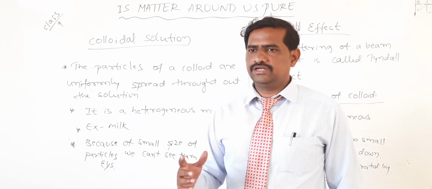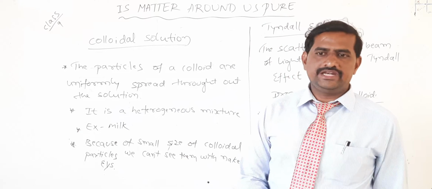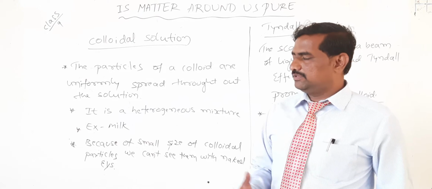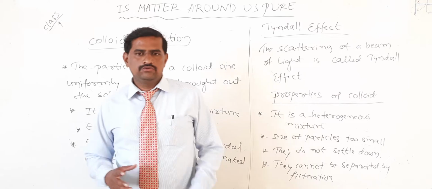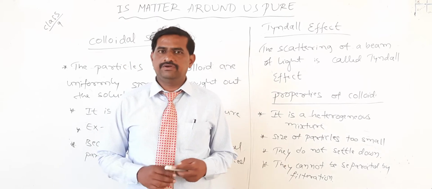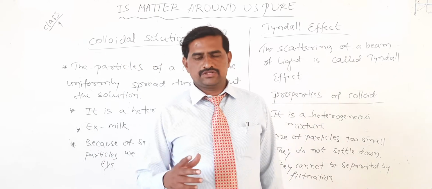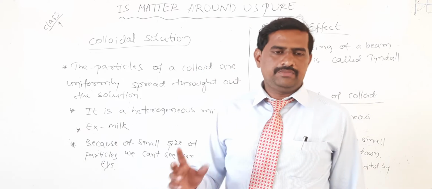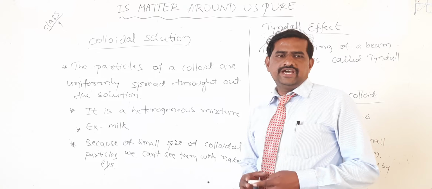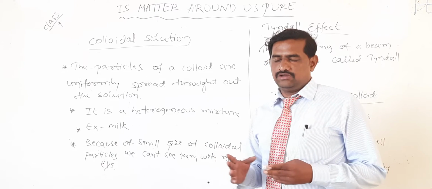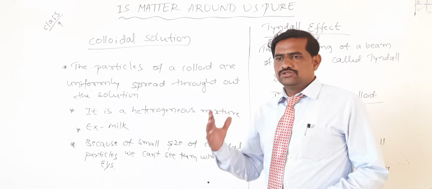But colloidal particles are invisible; we can't see them with our naked eyes. A suspension can be filtered with filter paper, but we can't filter colloidal particles because they are dispersed throughout the solution.